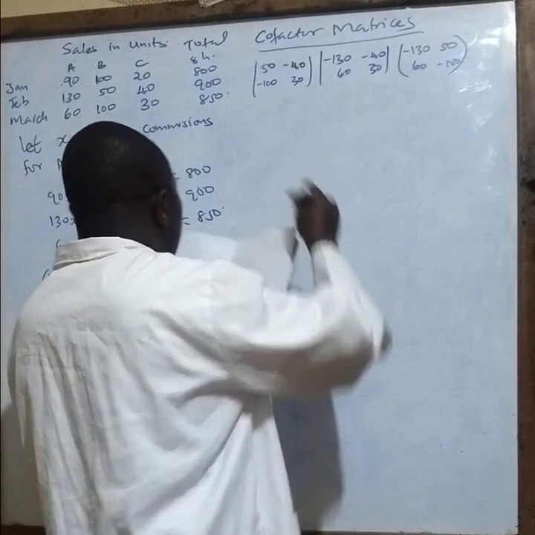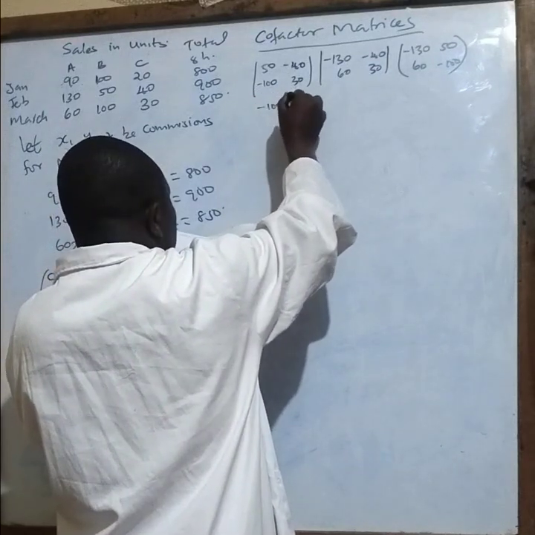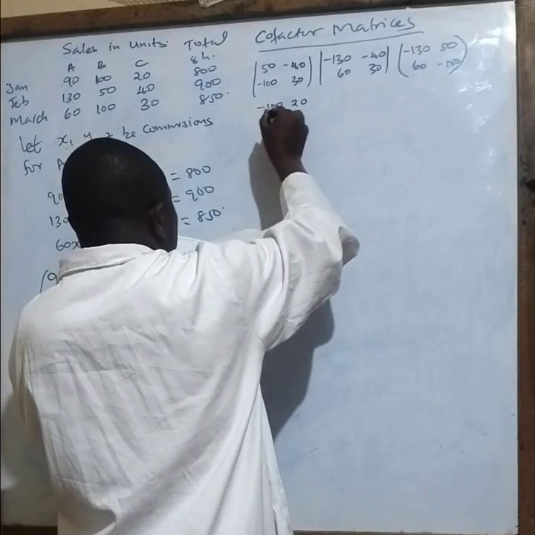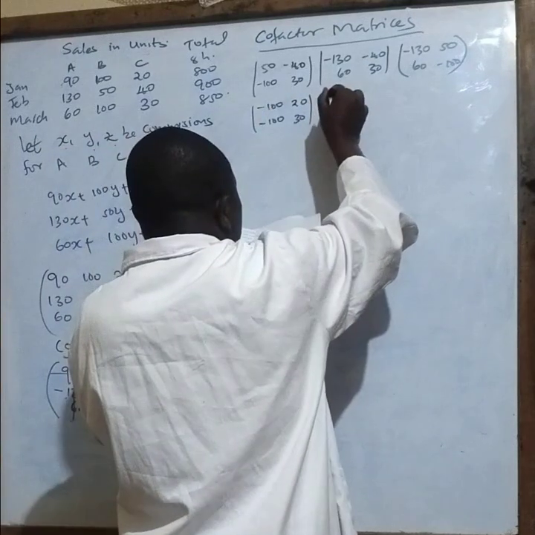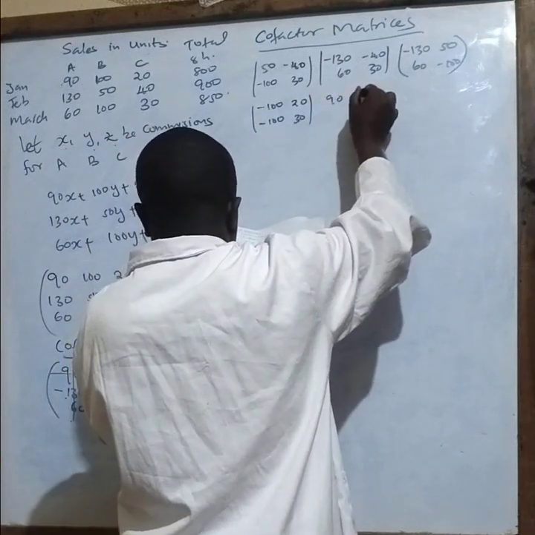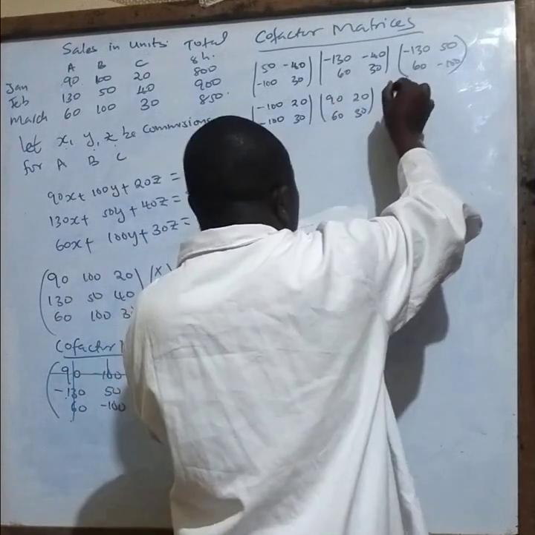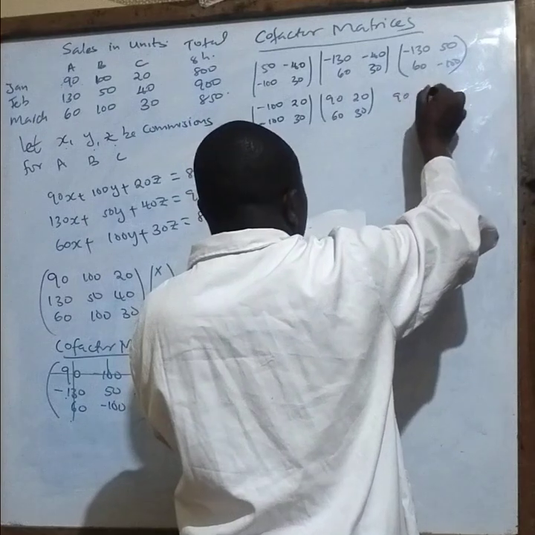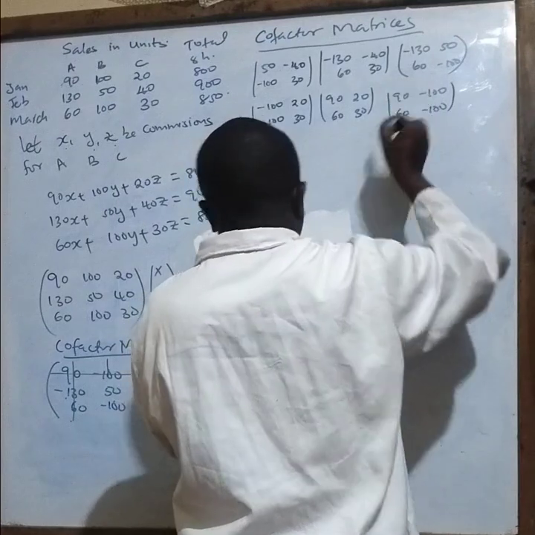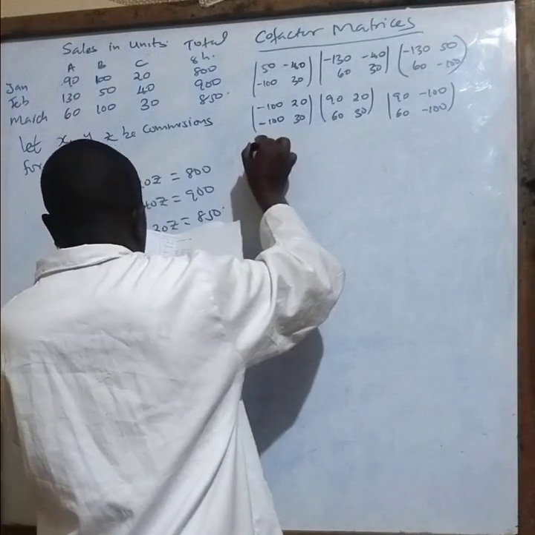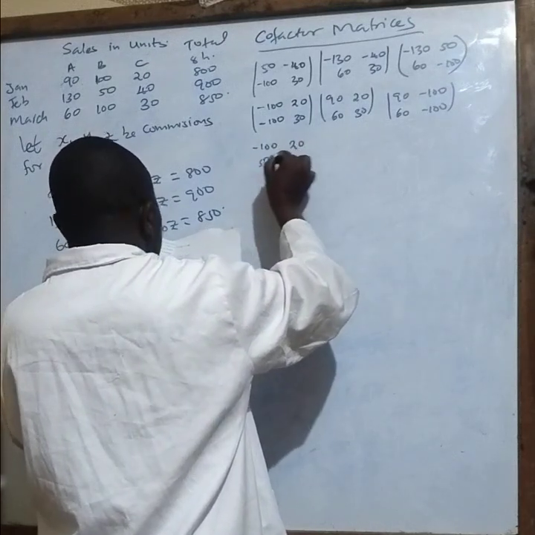When you proceed on, you will have negative 100, 20, negative 100, 30. Then we have 90, 20, 60, 30. Then the last one is 90, negative 100, 60, negative 100. And the last row will produce negative 100, 20, 50, 40.